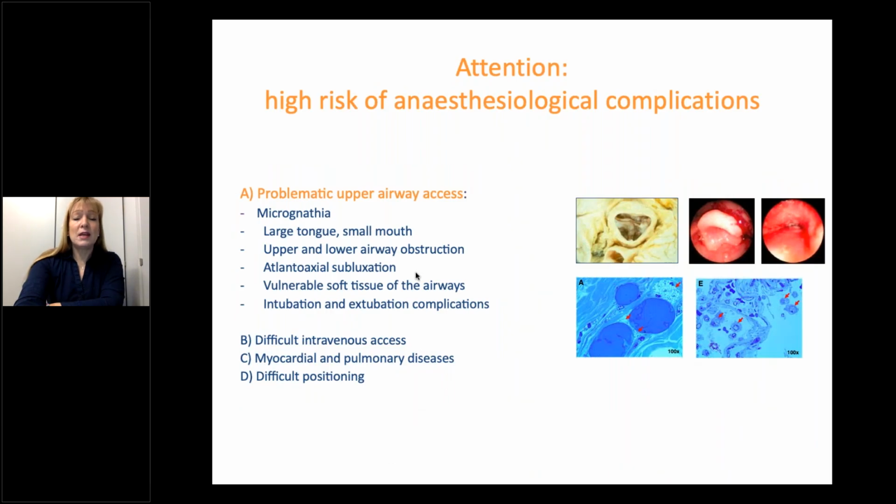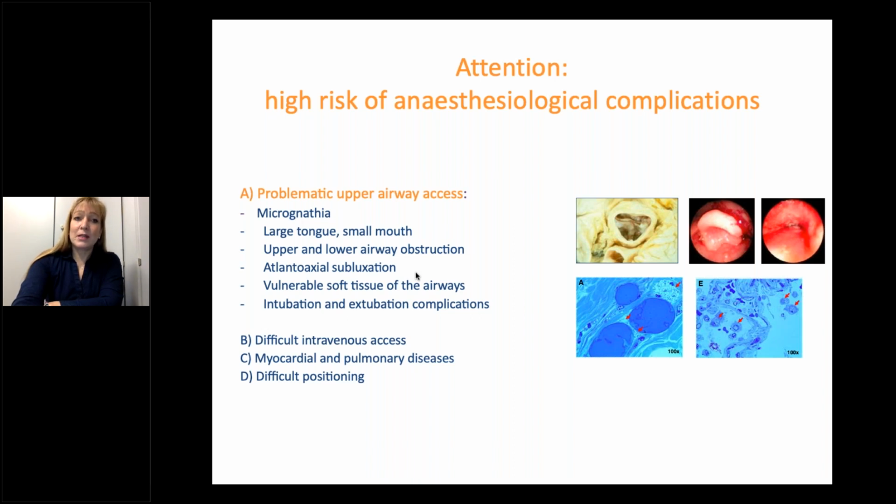And I told already, and I would like to highlight again, be aware that MPS and mucolipidosis patients have, due to the narrowed airways and the thickened tissue of the airways due to the GAG accumulation, a high anesthesia risk in intubation, but also in extubation. So you need an anesthesiologist who is very aware of these complications and knows how to deal with these complicated diseases.